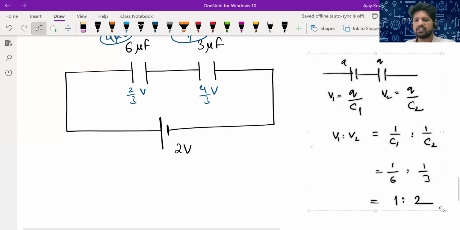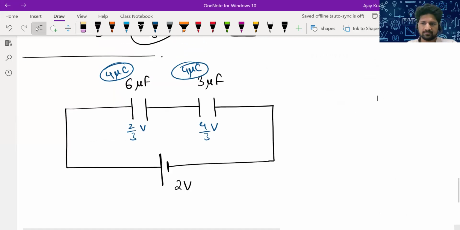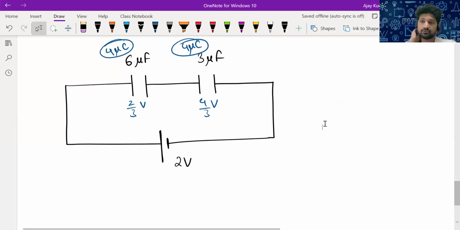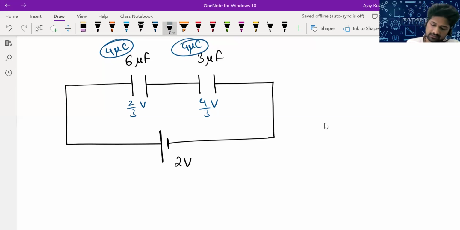Can any of you tell me when it is valid to assume that the charges on the capacitors are equal? This is valid only when isolated regions are neutral.